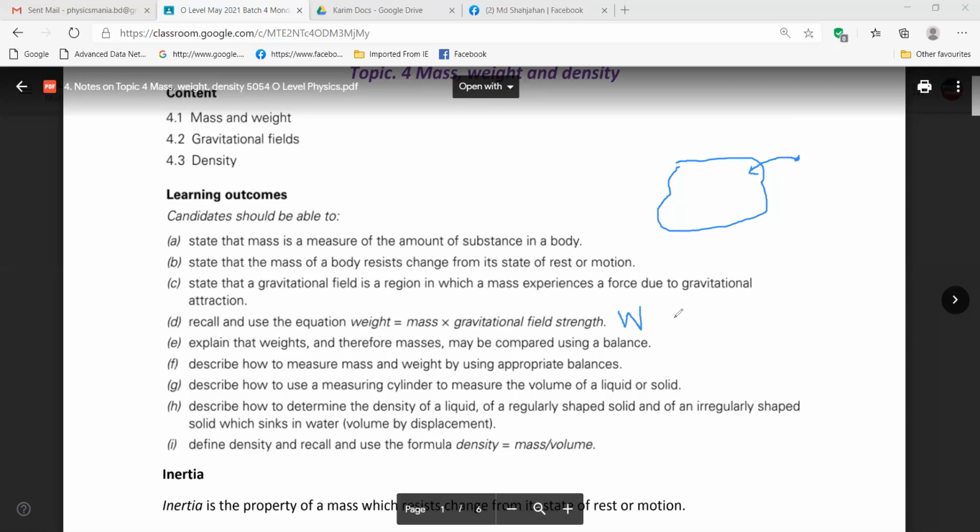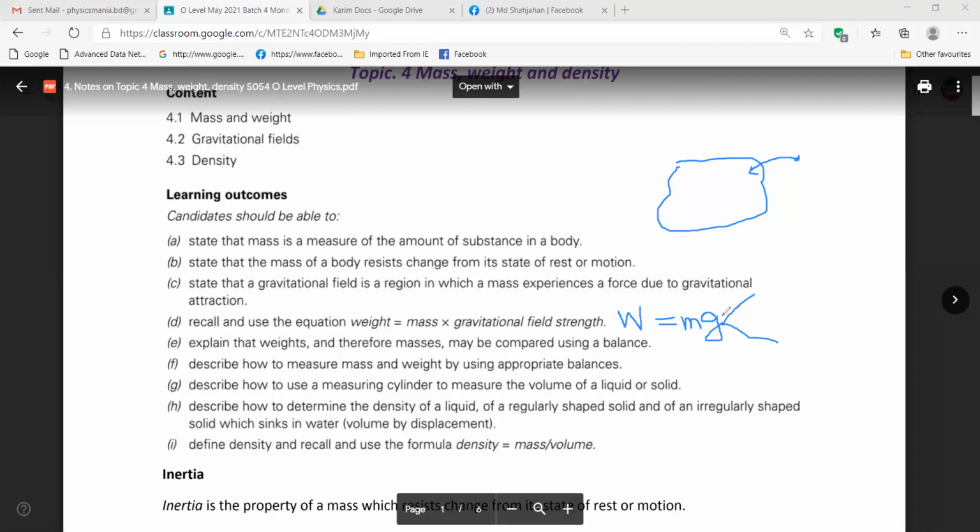W equals m into g, right? We normally take g equal to 10, approximately. Unless the question tells us to use the exact value, which is 9.81. For making your life easier, in O level we are rounding it up.